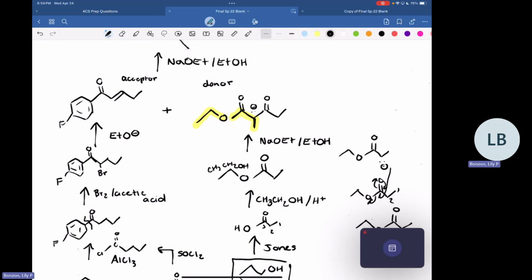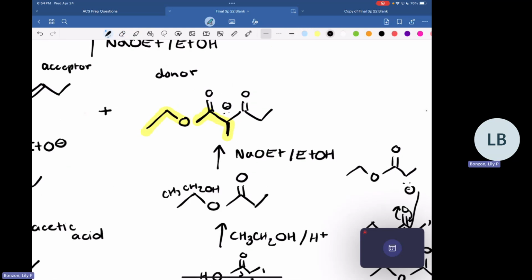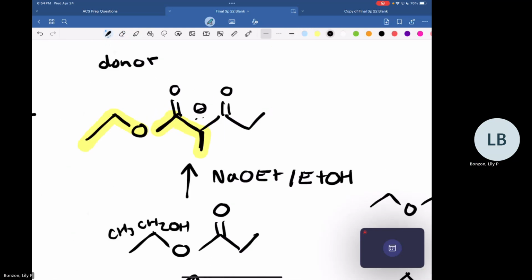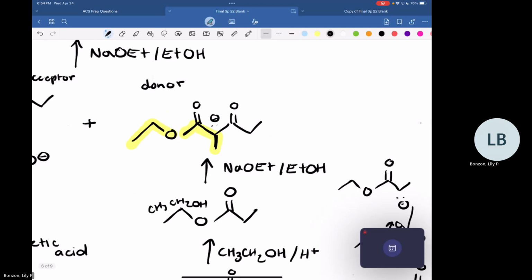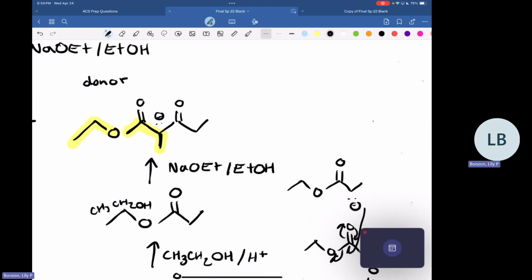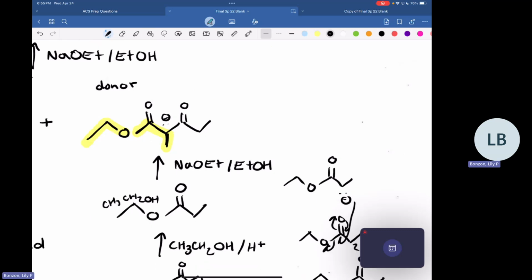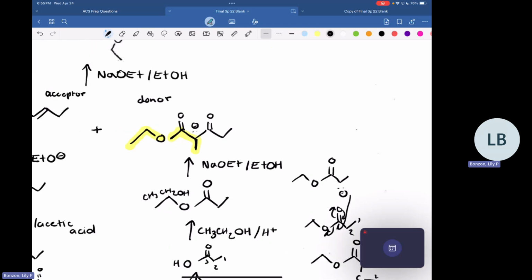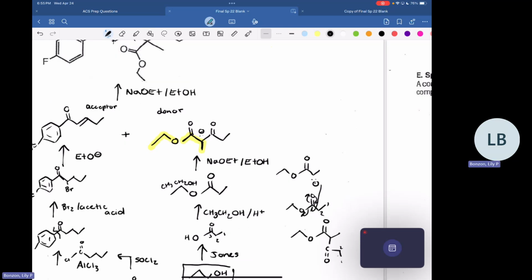I guess I would say if you have an ester on one side and a ketone on the other, that's kind of a hint towards Claisen. Claisen is the one that does that reaction where it attacks and then the ester is kicked off.